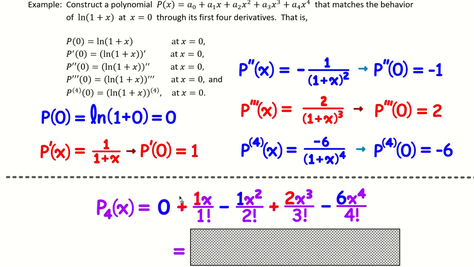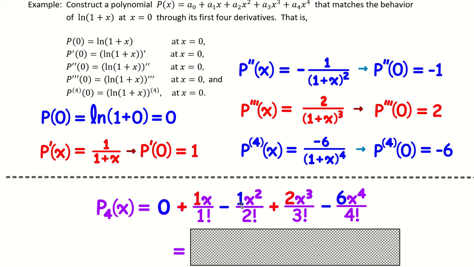What this should have said, if I was writing this out way more thoroughly, this term ends up being 0, of course, but it would have been 0 over 0 factorial times x to the 0, which of course is just 0.